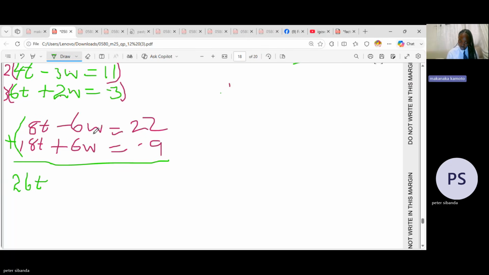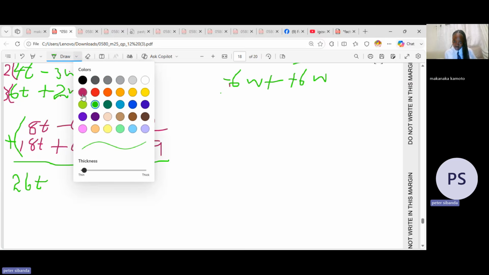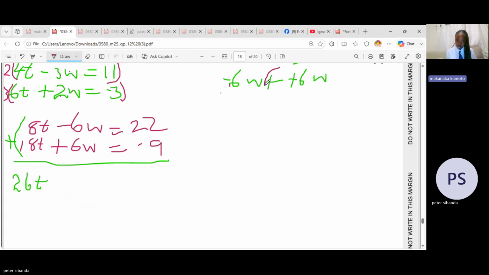Minus 6w, let me write it here. Minus 6w, this one, plus, the plus that is outside the brackets, then plus 6w, so another plus 6w. The plus is going to give us what there? That's a positive. Yes.